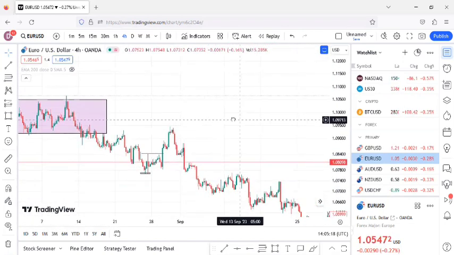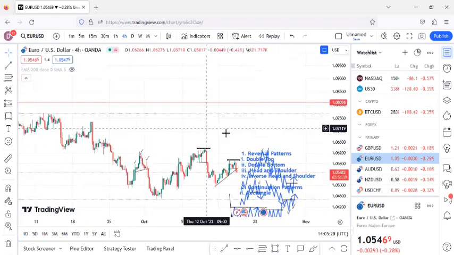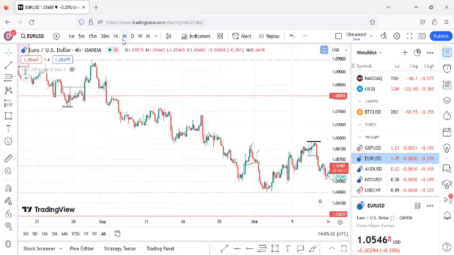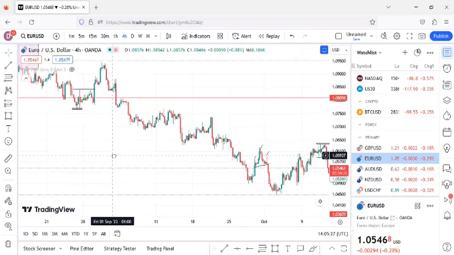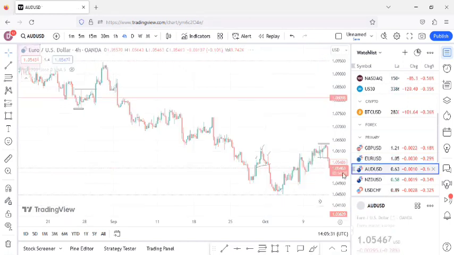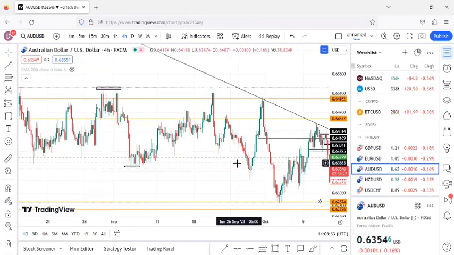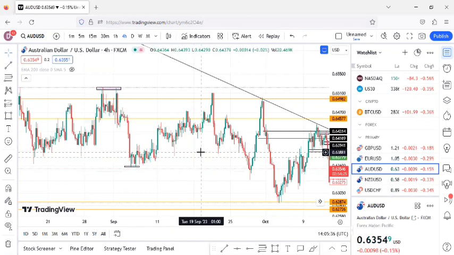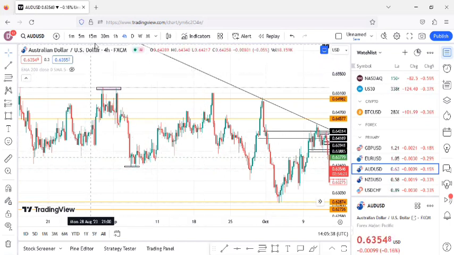Remember, I say something about knowing the difference between when you have a pattern and when you have a support, because many people mistake a pattern for a resistance. Let me explain that on the AUD USD.